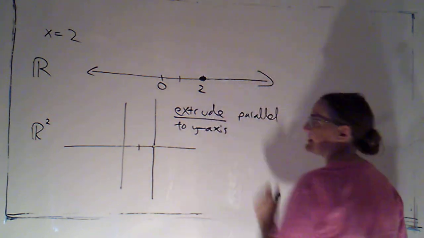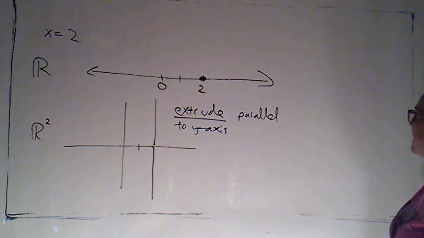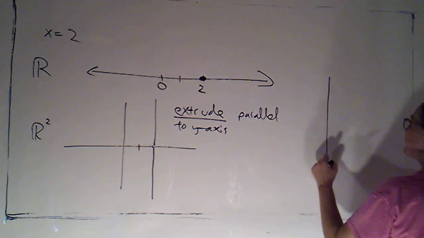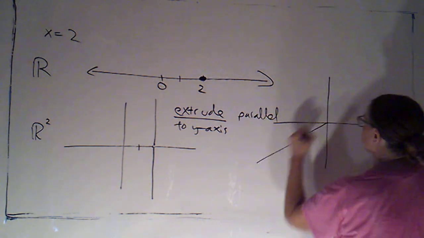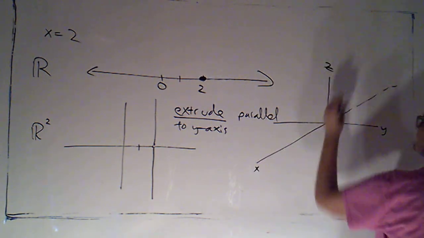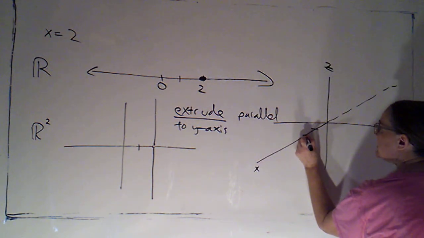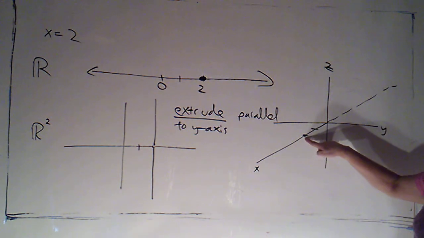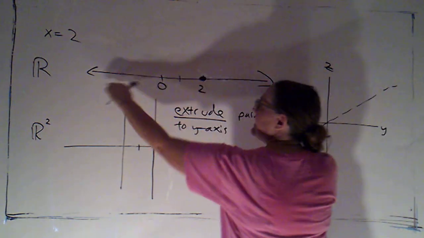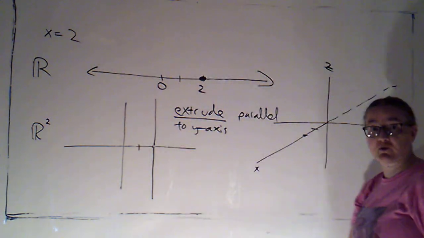to the y-axis. Okay. So now, if I want to graph this same equation in 3-space, here's x, y, and z. Okay. So here's x equals 2. This is the x-axis. That's basically going to give me a copy of this graph.